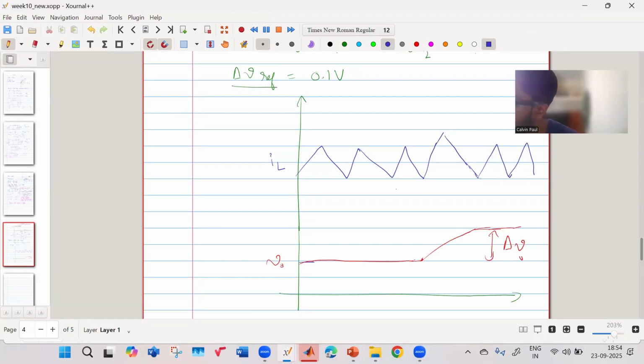This is your inductor current, which has some average value, and this is your output voltage. So your output voltage should go from this value to this value, right? And the time it takes is your recovery time, and this current is known as your peak current.